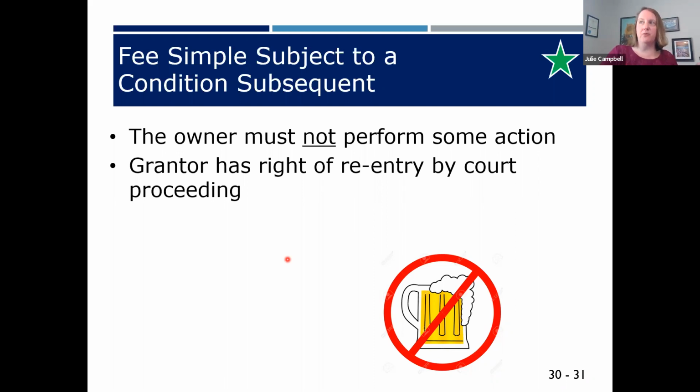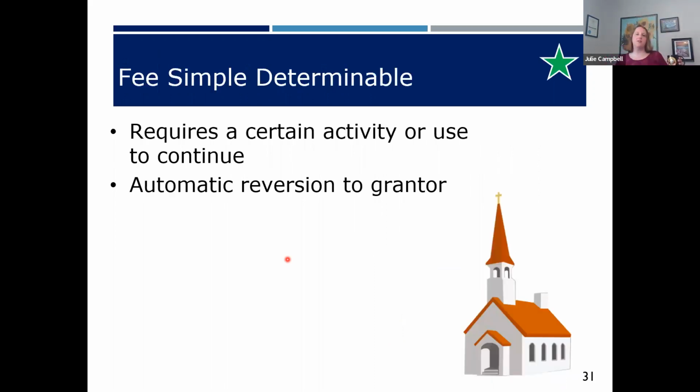The other fee simple defeasible is called fee simple determinable. This says you can only use this property for one purpose. You cannot do anything else with it. You can only use it for one thing. An example of this might say you can only use this property for religious purposes. As long as you're using it for religious purposes, it's yours.